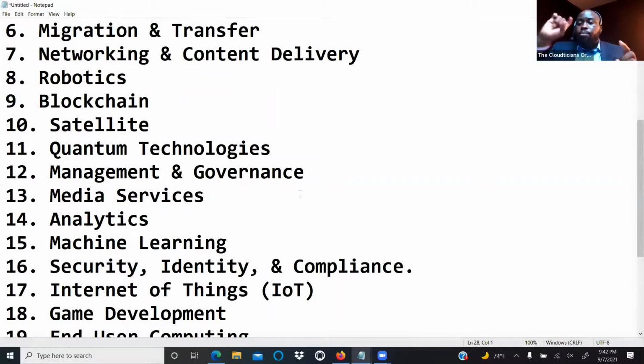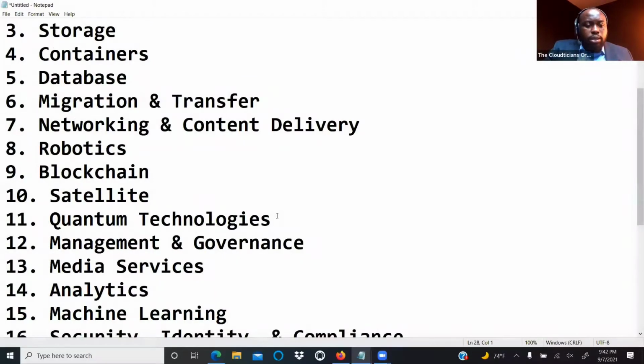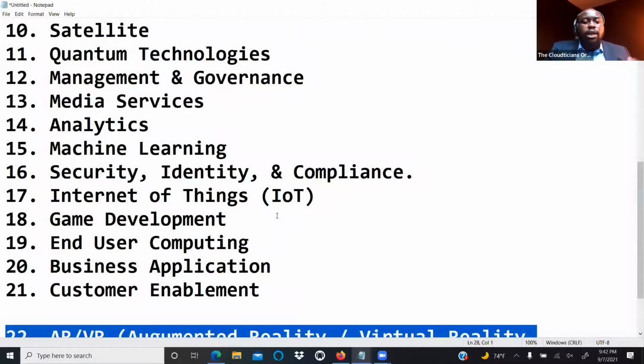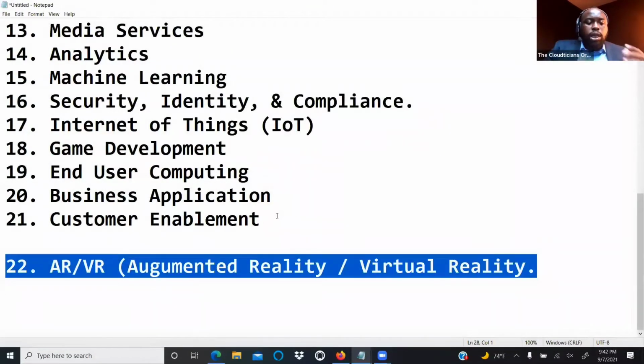That's the new kind of computing that will take over. It's going to override all the ones that we have in the future. Then management and governance, desktop, media services, analytics, machine learning, security, identity and compliance, Internet of Things, game development, end user computing, business application, customer enablement. Then the second one is AR, VR, augmented reality, virtual reality.